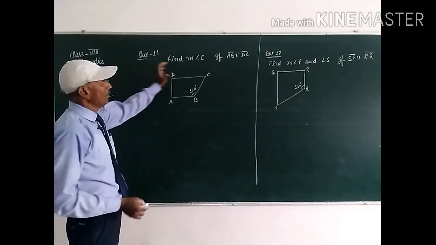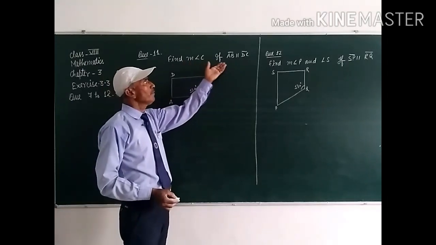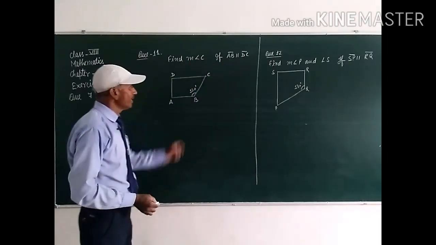This is question number 11 student, and in this find the measure of angle C if AB is parallel to DC.